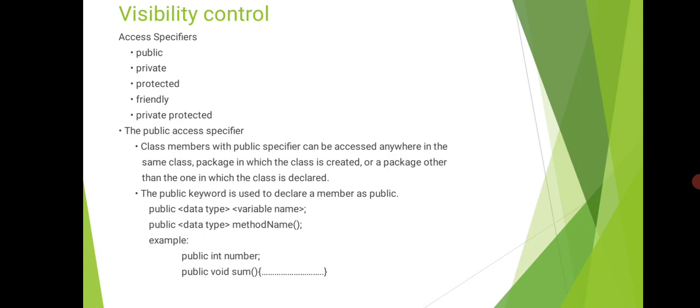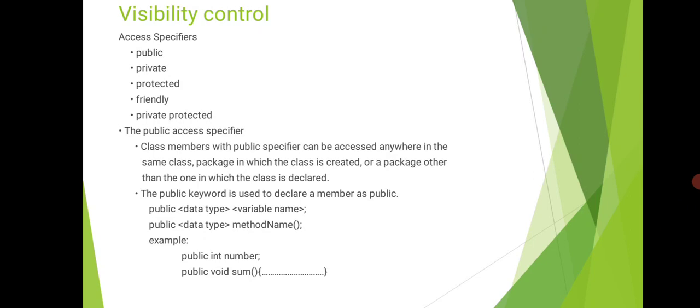Okay, so here the public access specifier. What does it tell? Class members with the public specifier can be accessed anywhere, in the same package in which the class is created, or in a package other than the one in which the class is declared.